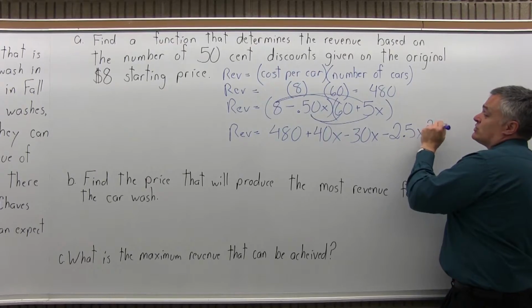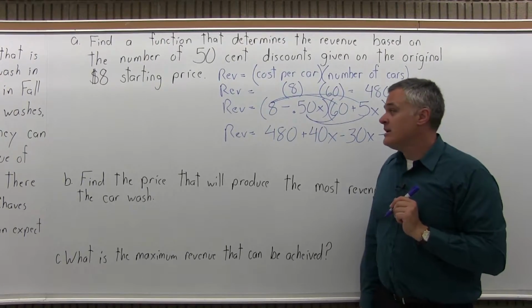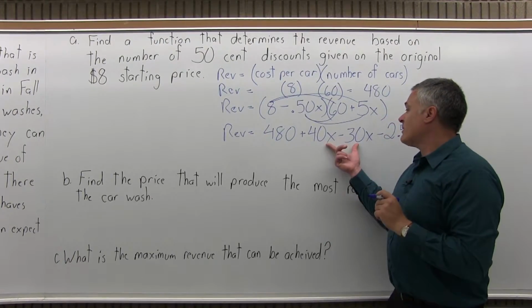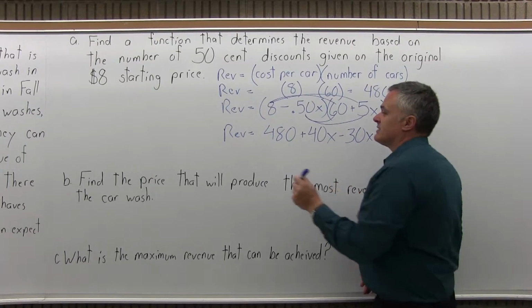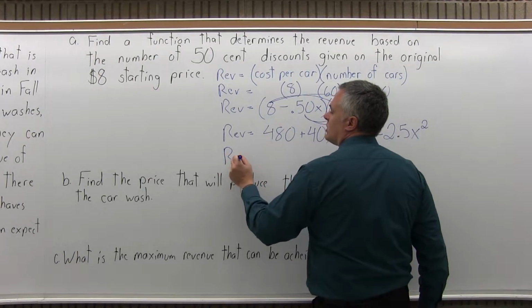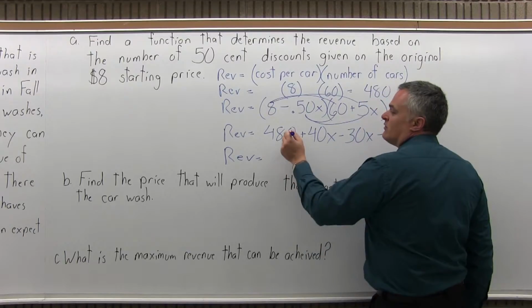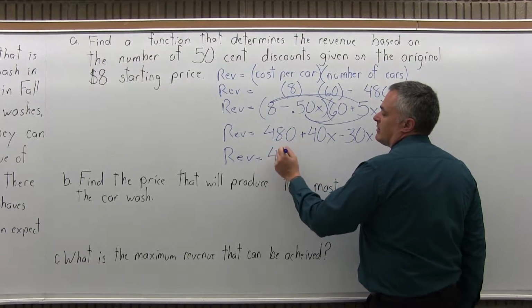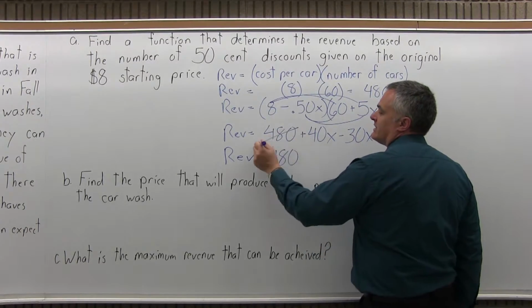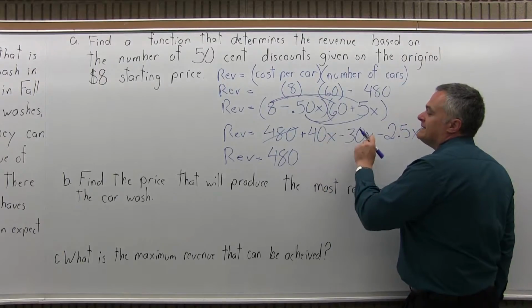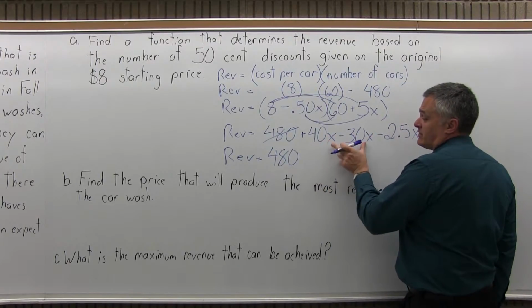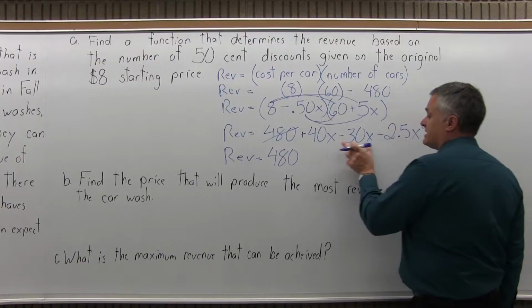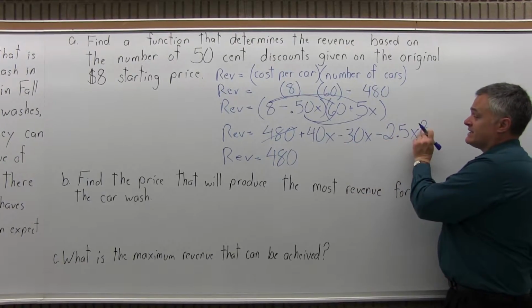And now I can combine my like terms. Revenue equals 480. There are no other plain numbers without a variable, so that'll stay. Then 40x and negative 30x can be combined. Those are both an x to the first. Notice I cannot involve the negative 2.5 because its x is x squared.